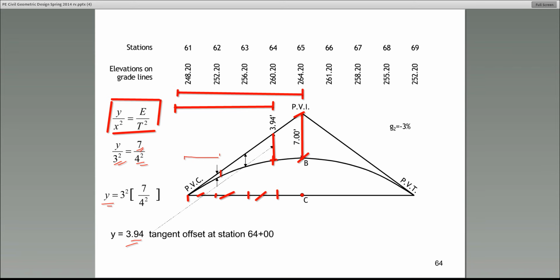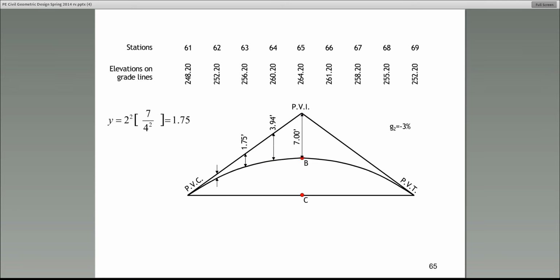No, I think at station 62 is 1.75. Yeah. Does everybody follow that?